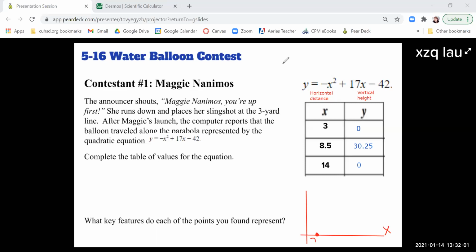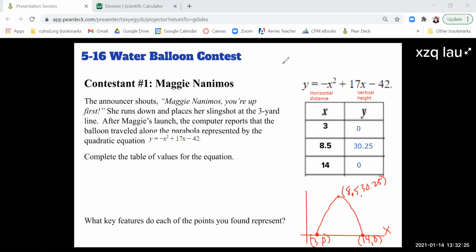So 3, 0 might look like this. And 14, 0 might be way out here looking like this. And then 8.5, 30.25 is going to be somewhere out here. And our parabola is going to look something like this.